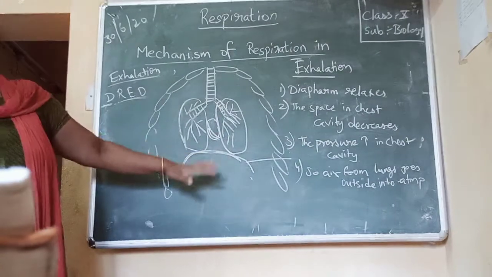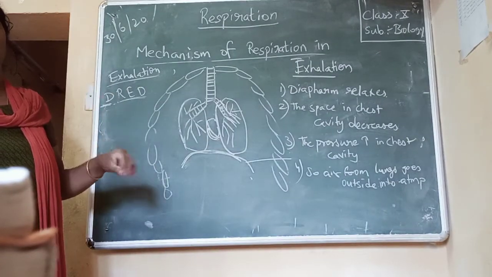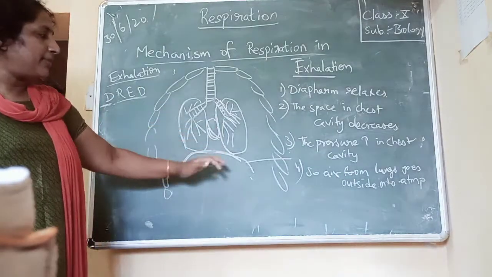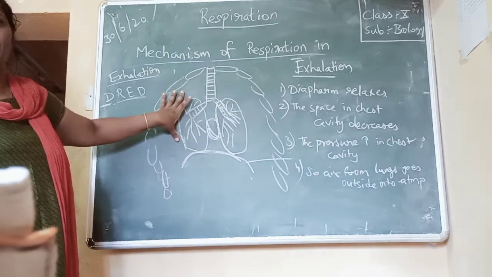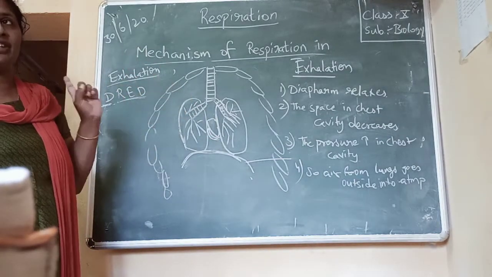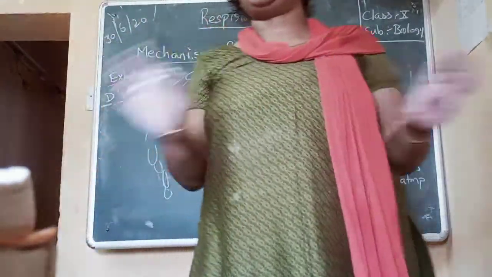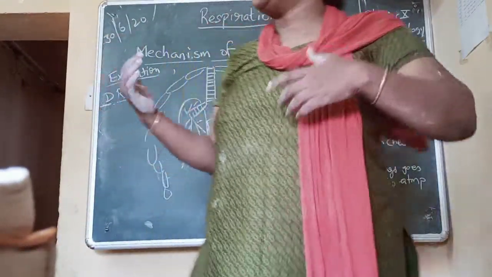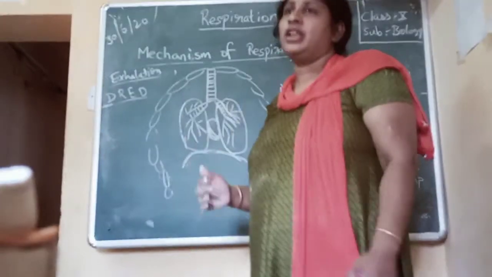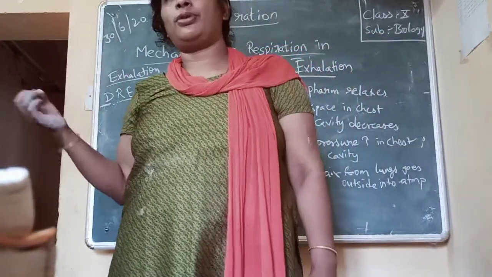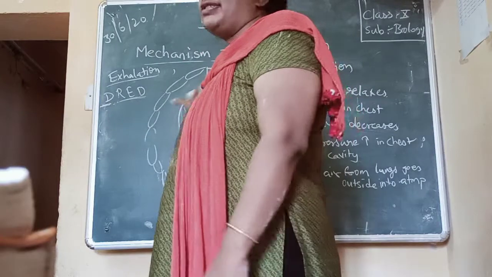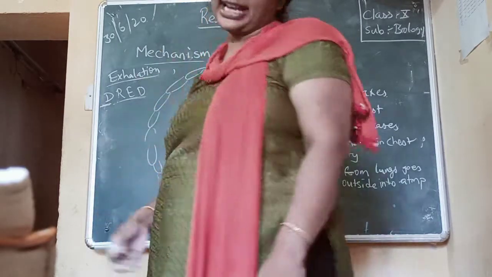So outside air is coming inside. That is inhalation. When the diaphragm is relaxed, the space in the chest cavity is decreasing, so the pressure will be more in the lungs and the chest cavity, and so the air is sent out. Okay?